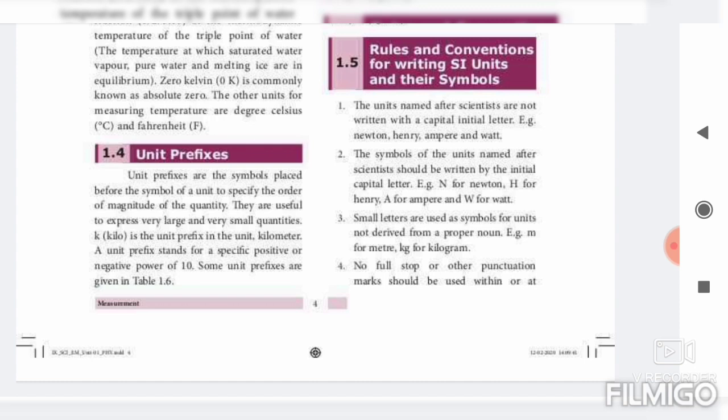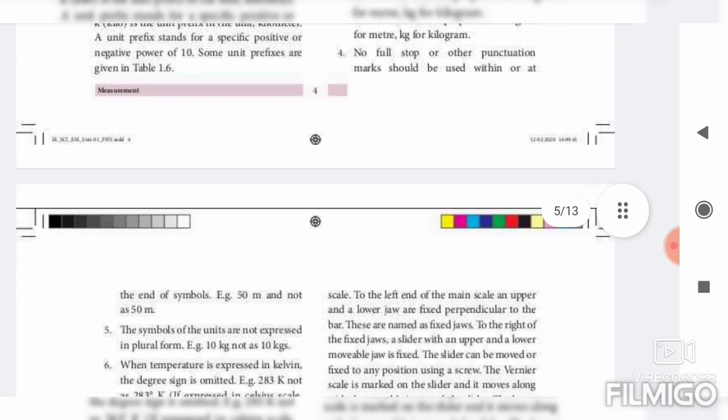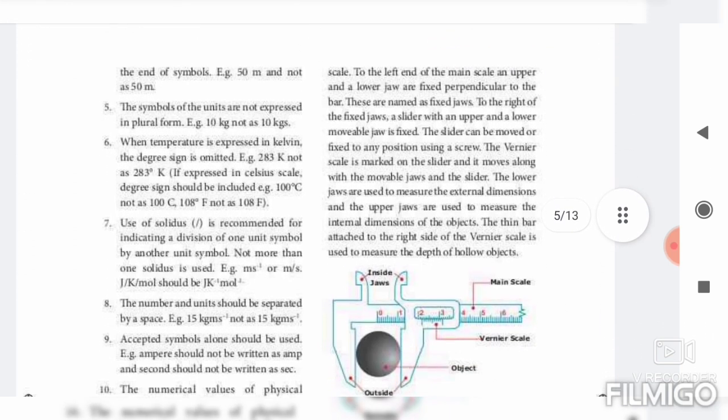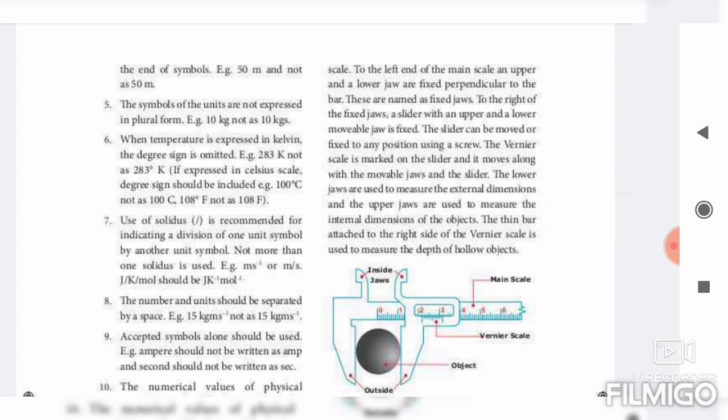No full stop or other punctuation mark should be used within or at the end of the symbol. So example, 50 m, not 50 m dot. The symbols of the units are not expressed in plural form. Example, 10 kg, not 10 kgs. When temperature is expressed in Kelvin, the degree sign is omitted. So example, 283 K, not 283 degree K.